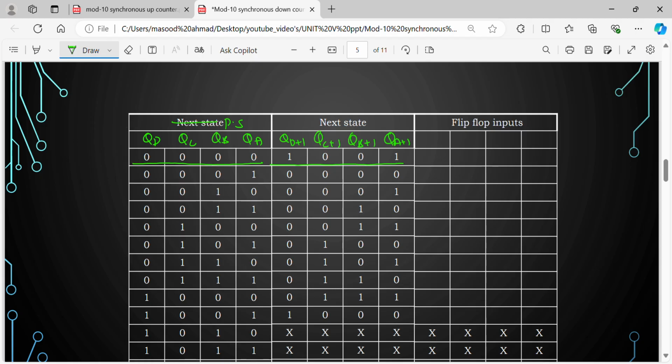If the present state is 1, the next state is 0. Present state 2, next state 1. Present state 3, next state 2. Present state 4, next state 3. Present state 5, next state 4. PS stands for present state.